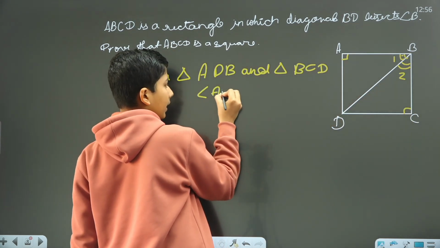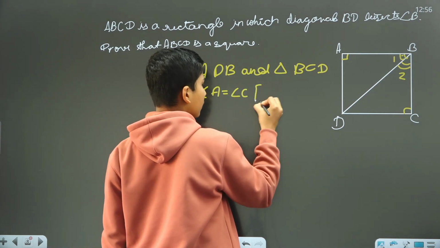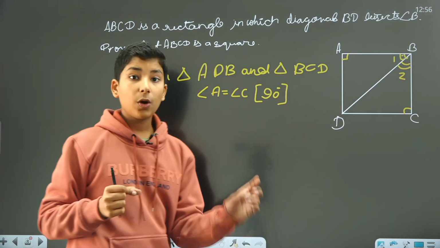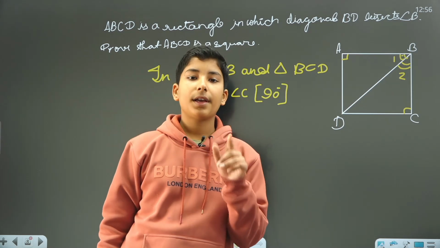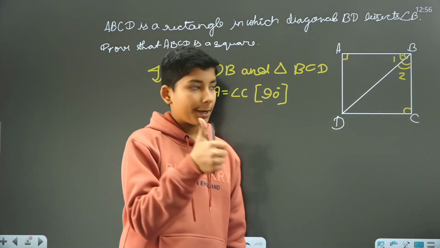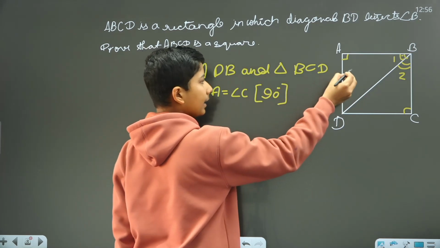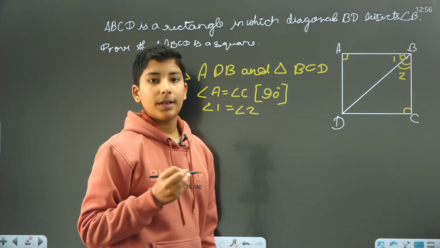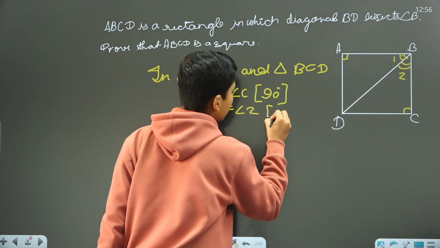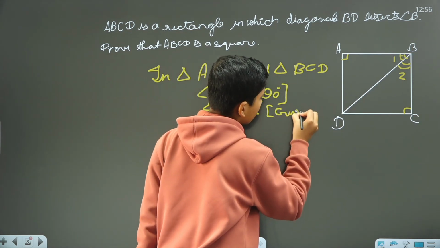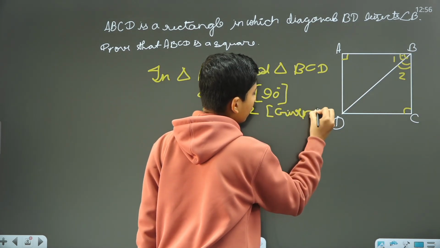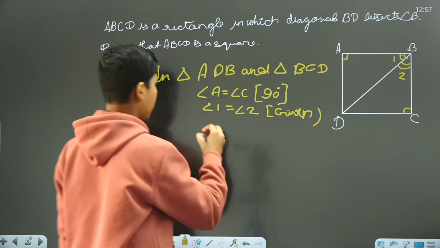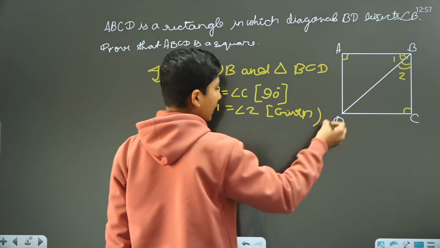Angle A equal to angle C, both are 90 degrees. How 90 degrees? Because it is a rectangle, and in a rectangle all the angles are 90 degrees. Angle 1 equal to angle 2. Why? Here you will write given, because it is given that BD is the bisector of angle B.